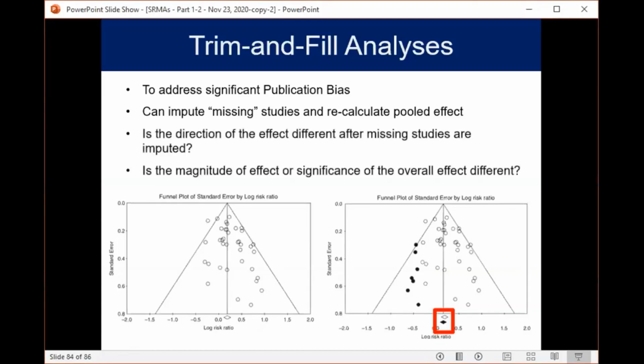Has the direction of the effect changed, or has the significance of the effect changed? If the recalculated pooled effect would give you a different conclusion, then there is a significant small study effect, and this is an important limitation to the SRMA and needs to be acknowledged. This will reduce the confidence you have in the main SRMA results.